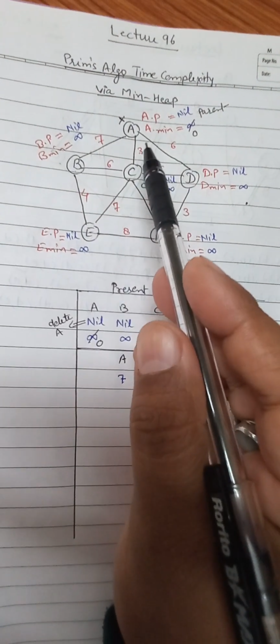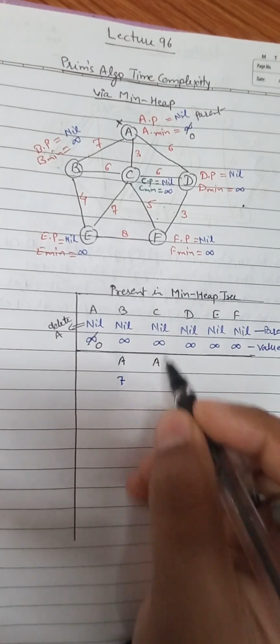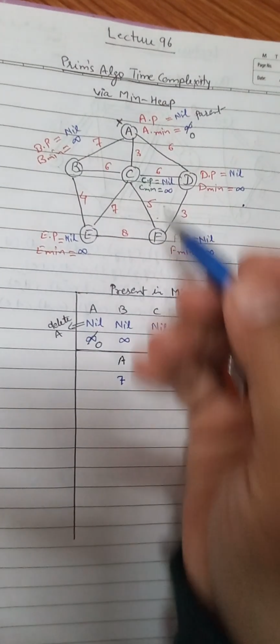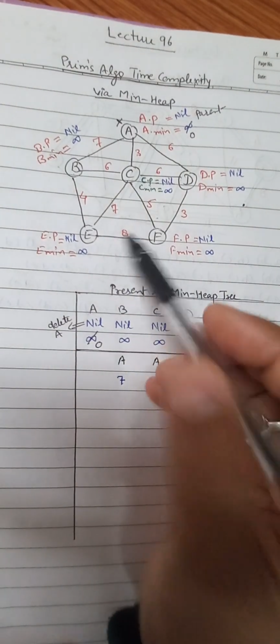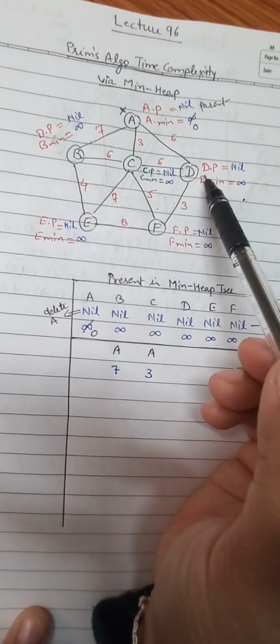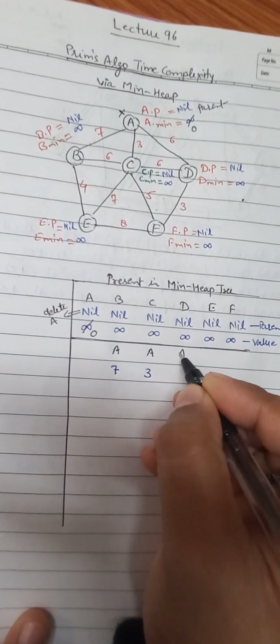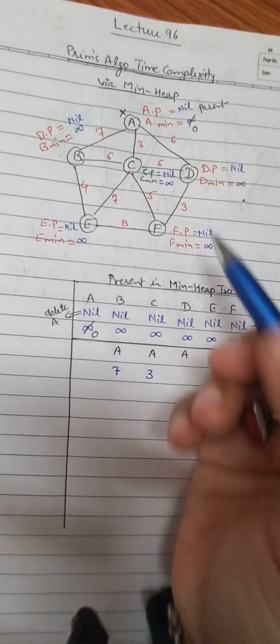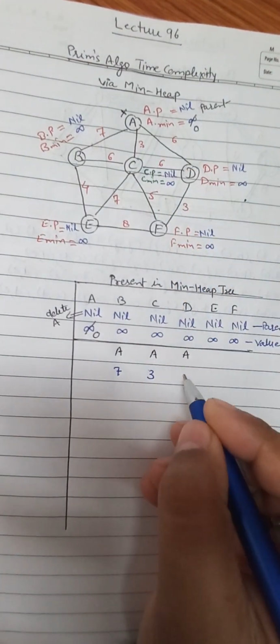And C is also adjacent to A. So the parent of C will be A, and the weight which belongs to C is 3. And what about D? D is also adjacent to A. So the parent of D will be A, and the weight which belongs to this is 6. So we will write here 6.